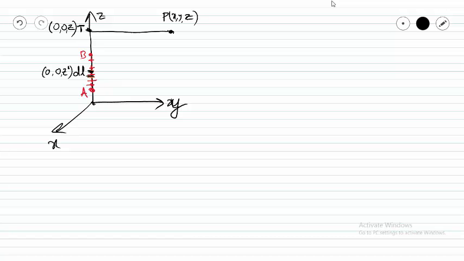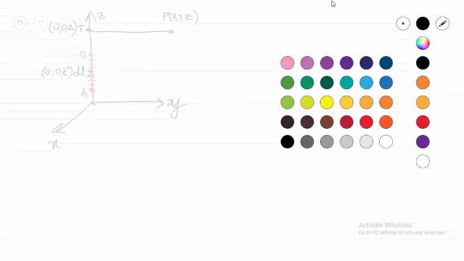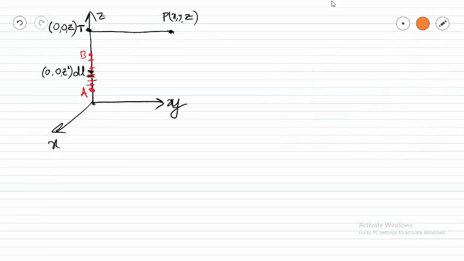This is the point of reference where dl exists, and this is the point of interest where we would like to find the electric field intensity. Now draw a line from this point to this point. This vector is nothing but r bar, the distance vector.